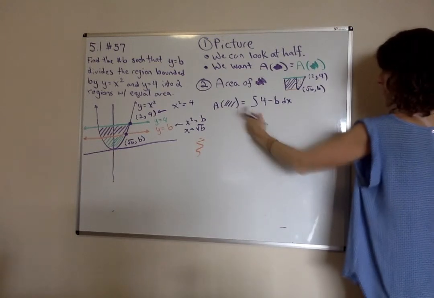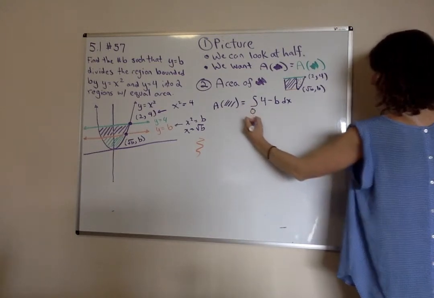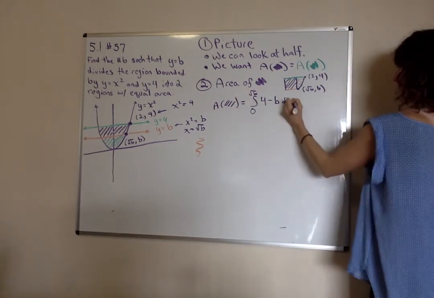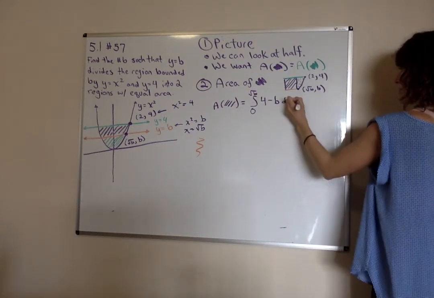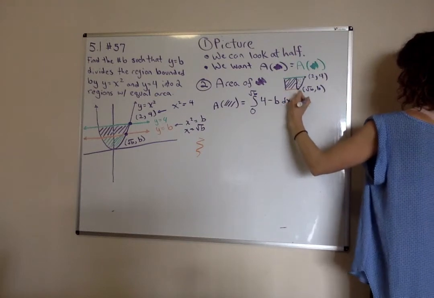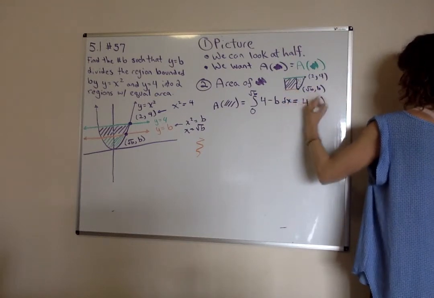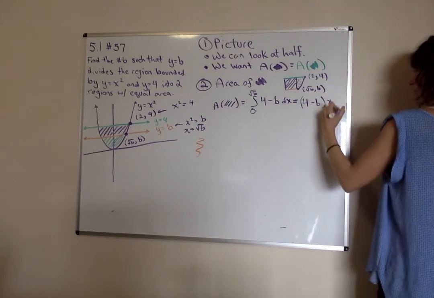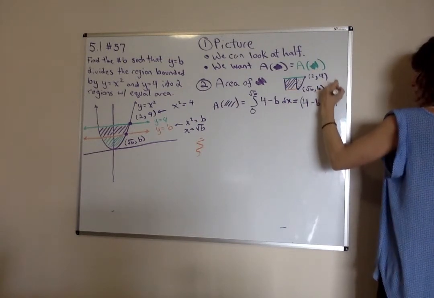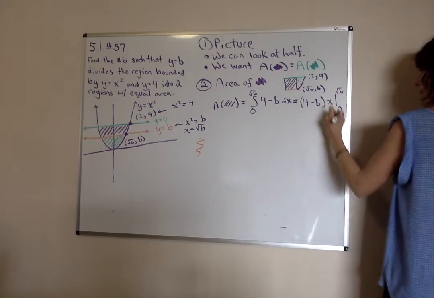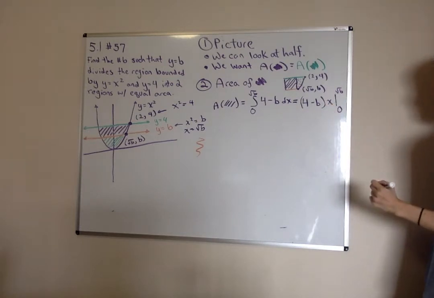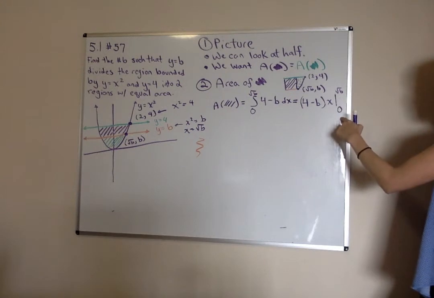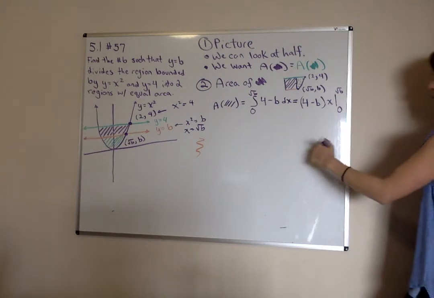Okay, so then we're going to go from 0 to the square root of b. We're going to integrate this with respect to x. This becomes (4 minus b) x. You're going to evaluate that at the square root of b, evaluate it at 0, and then subtract. Here you're plugging these values in for x, not for b.